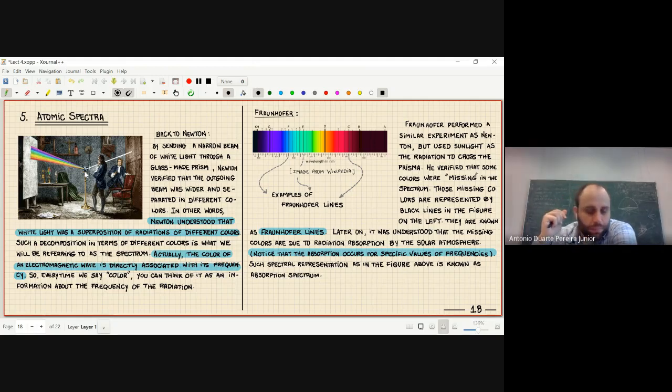Yeah. So you can focus all these beams towards a focal point and produce white light. Yes. Now a German physicist called Fraunhofer.